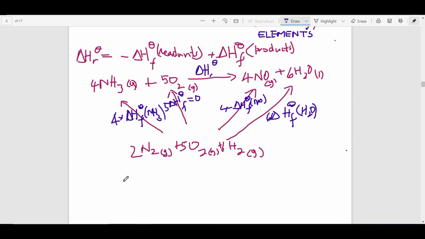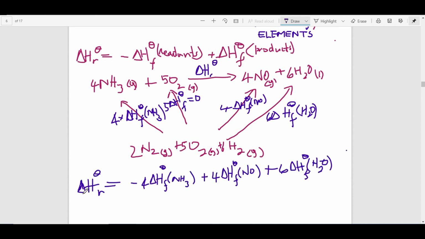We can now write the Hess's law relationship for these energy terms in this enthalpy cycle. Delta HR theta is equal to 4 times delta HF of ammonia, but because we're coming in the opposite direction, that's minus that. So we have the negative, plus this route, which involves 4 times delta HF of NO plus 6 times delta HF of water.